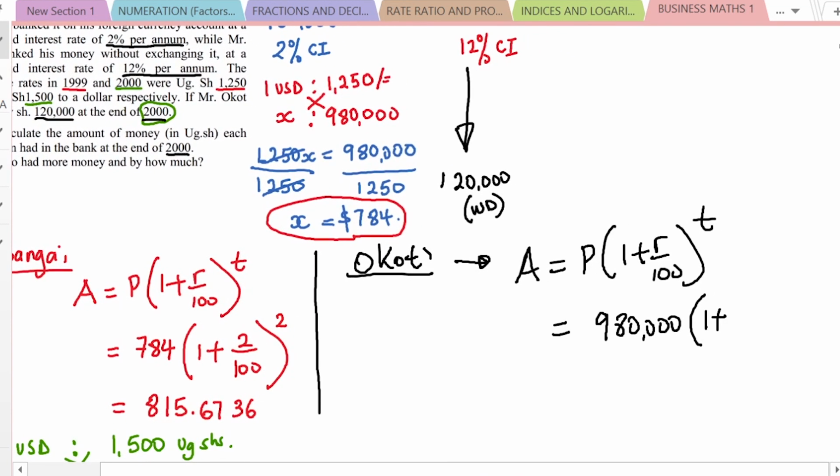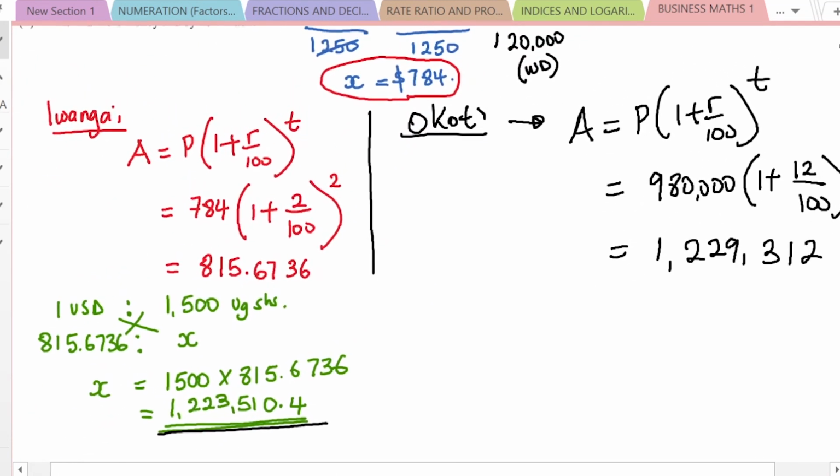Now for him it is subject to 12% compound interest, so it is 12 over 100 to the power 2 because there are 2 years. So how much he has, we go ahead and find that out. Here, the amount he has in the bank after 2 years is going to be 1,229,312. That's the amount that is accumulated on his money by compound interest.